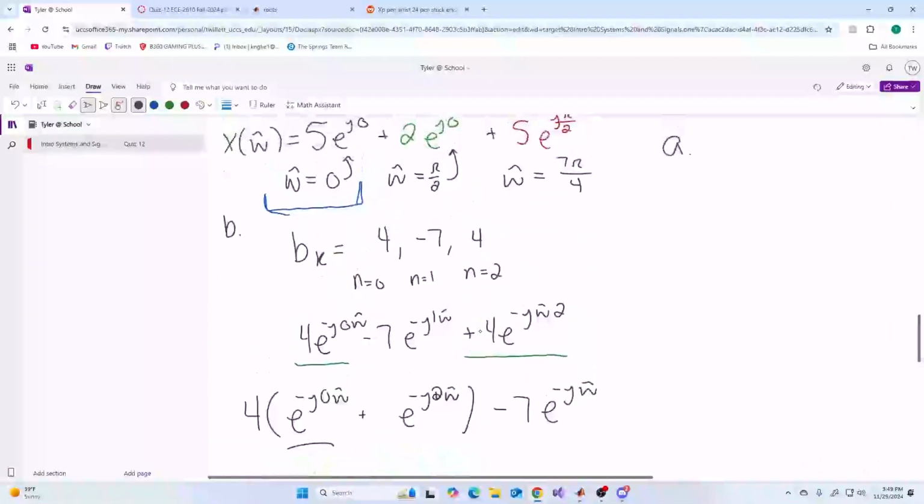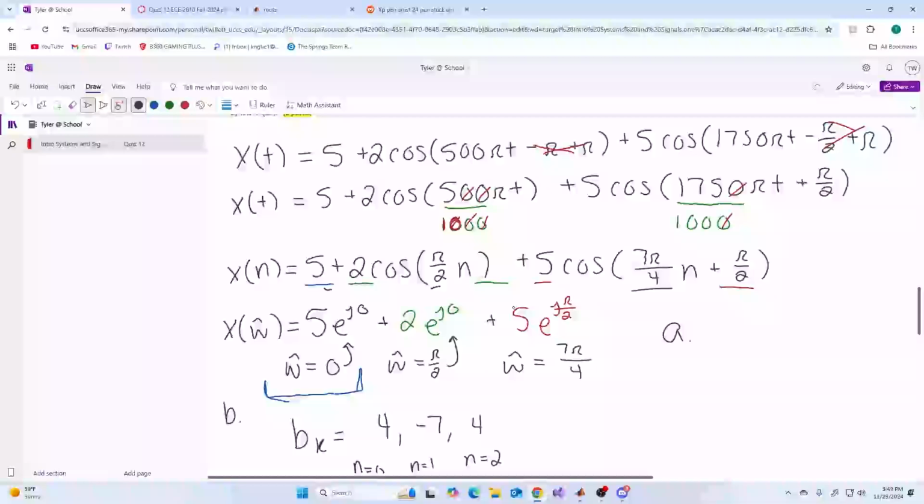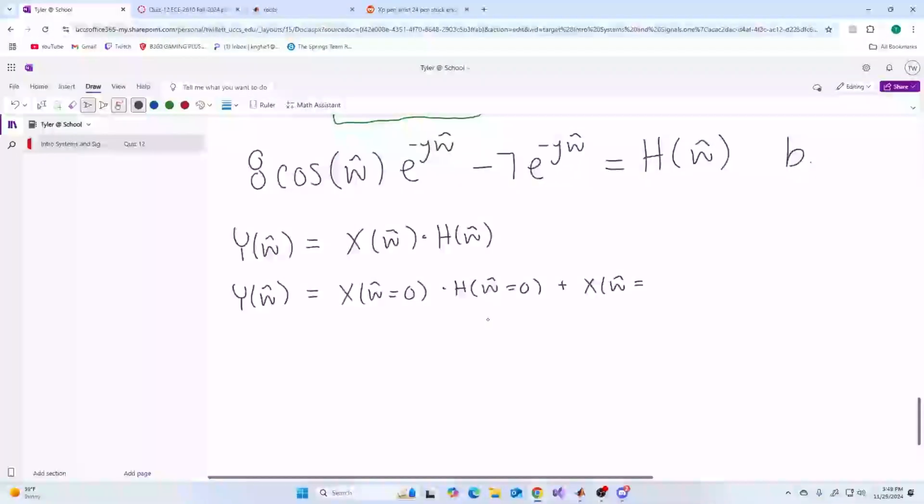Let me double check. Yes, pi over 2, times my h sub w hat equals pi divided by 2. And then we're going to have the other one, which was 7 pi divided by 4.